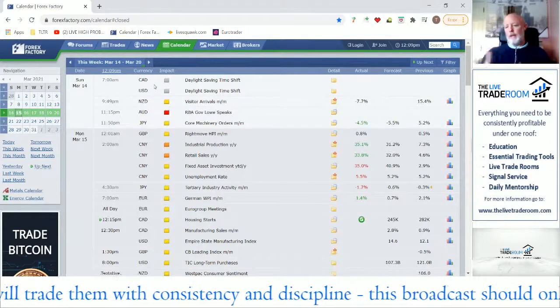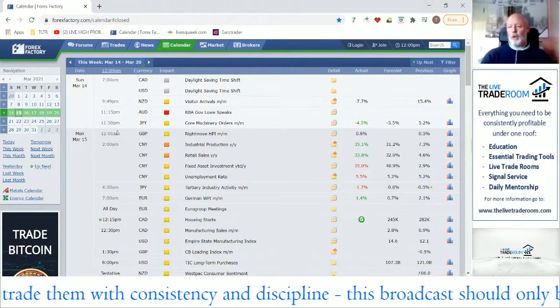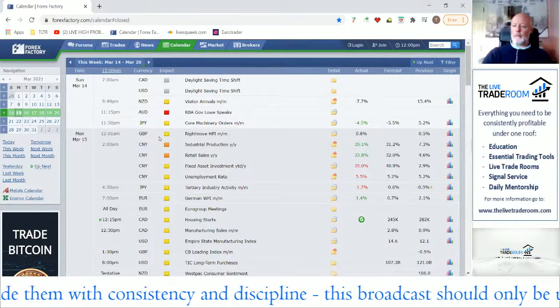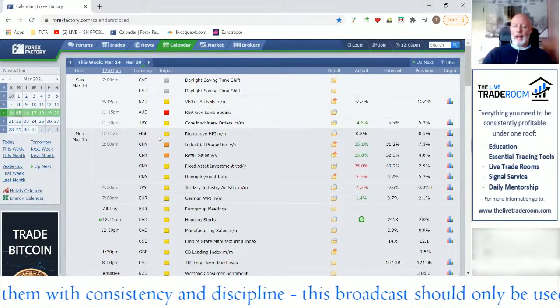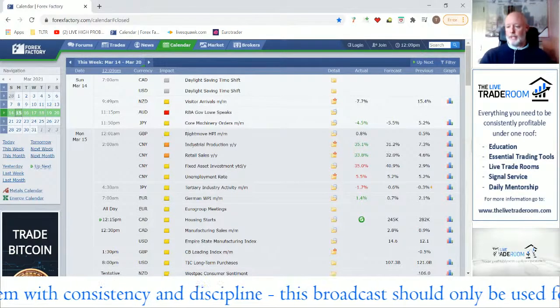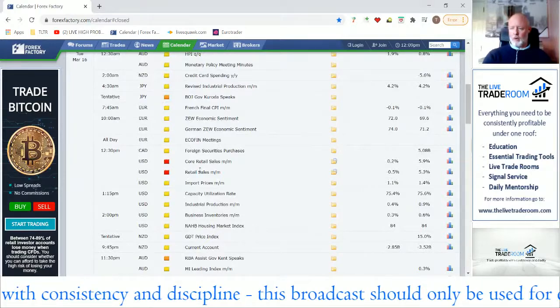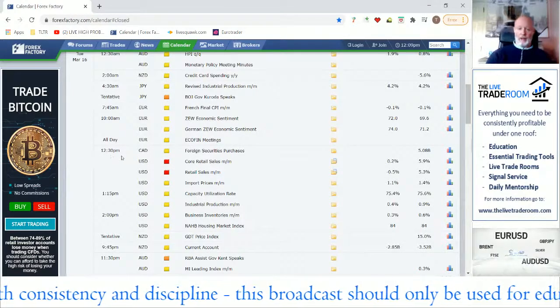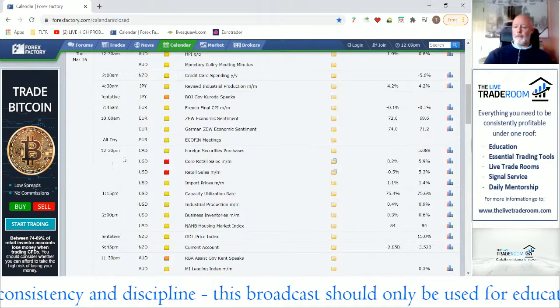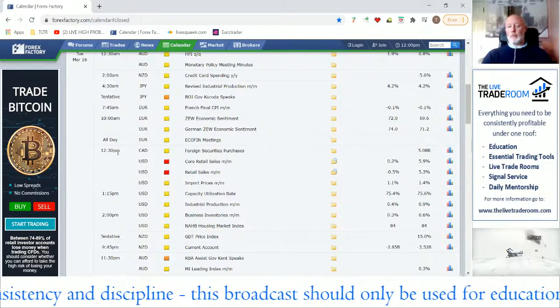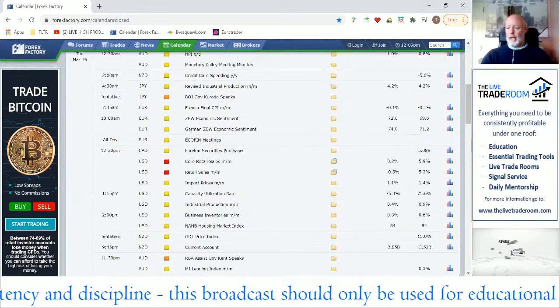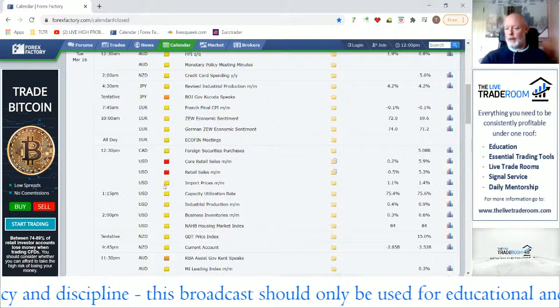So all of the news events are literally like an hour earlier. We're seeing strange times like core retail sales numbers, which would normally be due out at 1:30. For the time being, until Europe goes into daylight saving, we'll be working within this 4-hour slot.